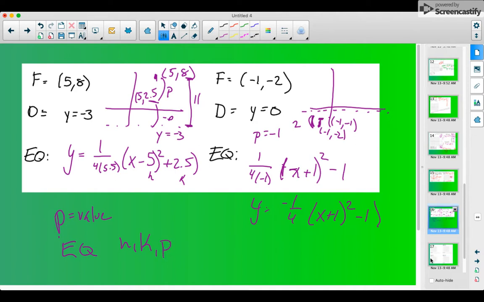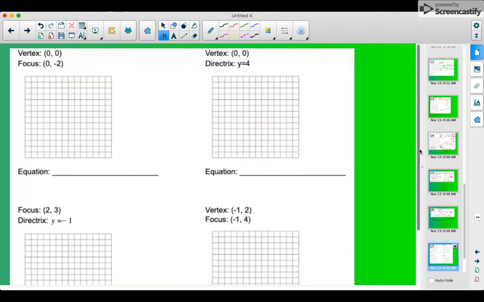So I want you to try these 4 problems. I don't necessarily want you to graph them yet, and just come up with the equations. So using the vertex and the focus, vertex and the directrix, or the focus and the directrix, see if you can set up the equations. Again, that format was y equals 1/4p, x minus h squared plus k.